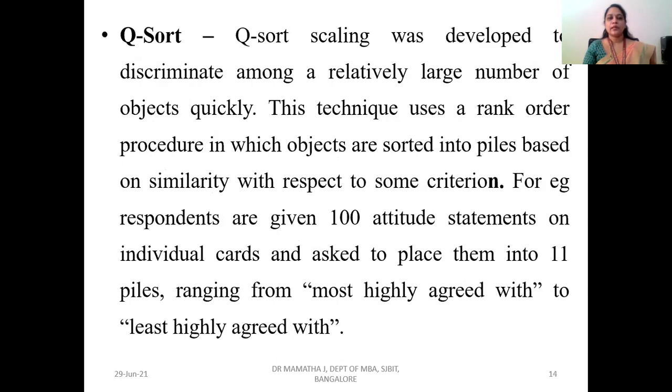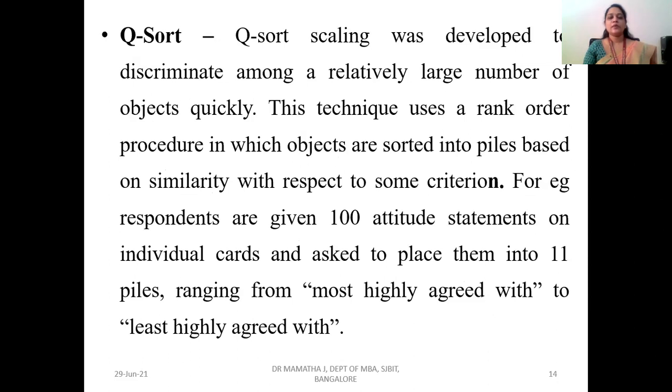Q-sort is the next type of scaling. Q-sort was developed to discriminate among a relatively large number of objects very quickly. This technique uses the rank order procedure in which objects are sorted into piles based on similarity using some criteria.